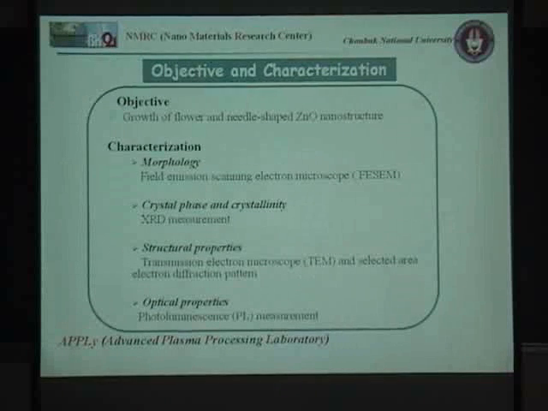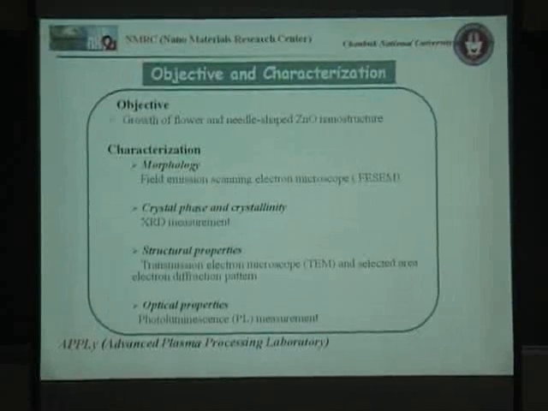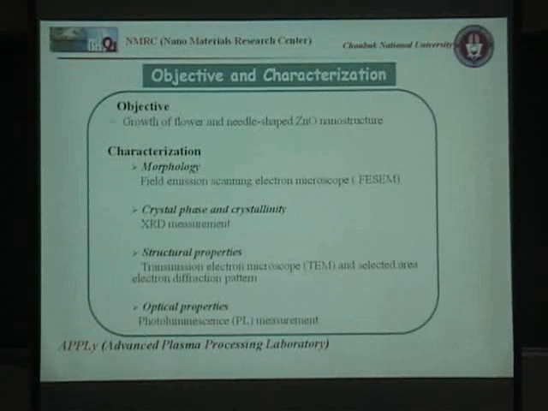To know the detailed structural properties of the deposited materials, we use transmission electron microscopy. And the most important thing is the optical properties of the material, so we use photoluminescence spectra to observe the optical properties of our deposited materials.